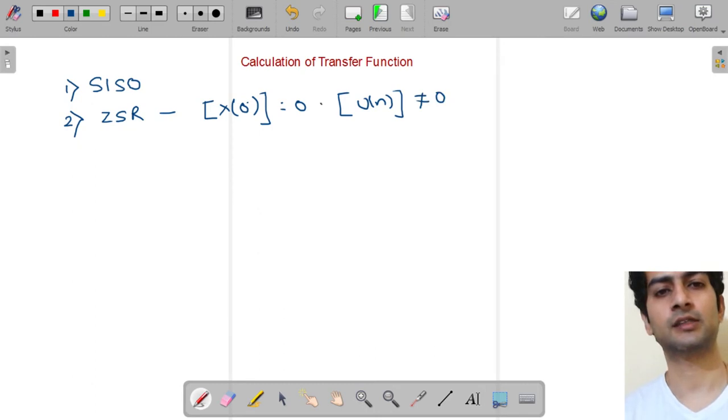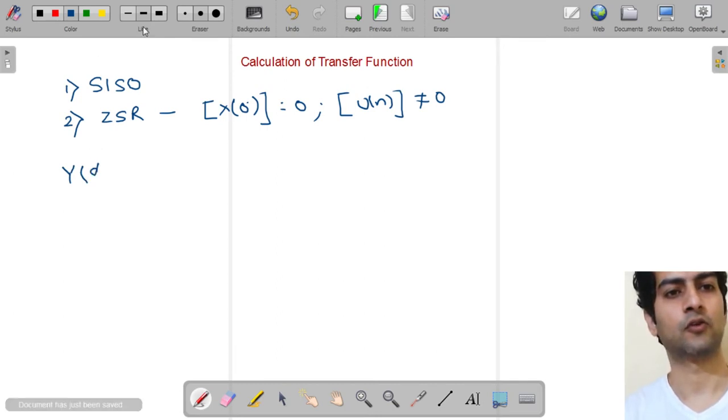So in this case, we have seen earlier what our Y(s) will be.